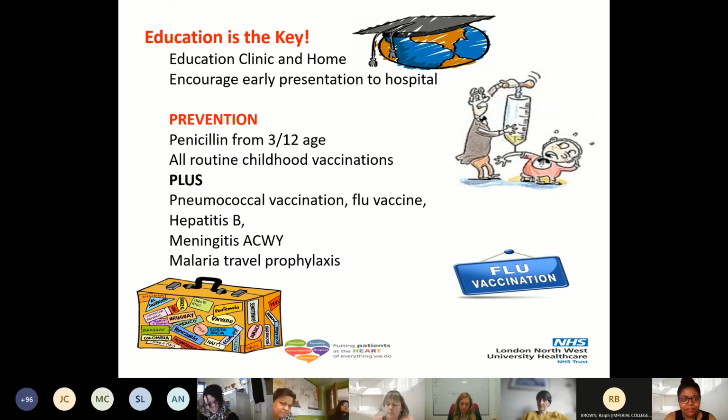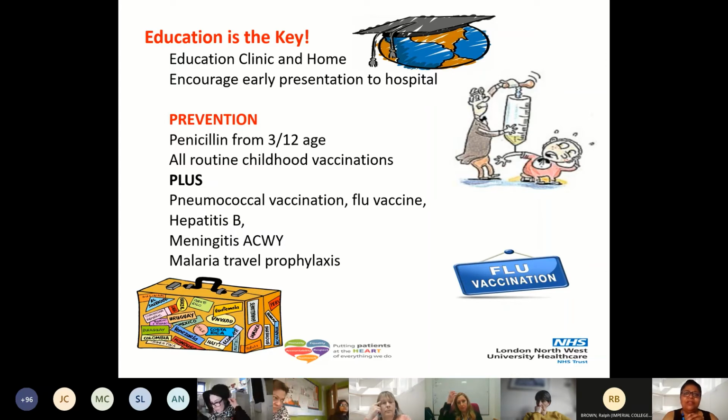The most important thing on the education side is to encourage parents and schools to bring children to hospital when they first see there's a problem, rather than trying to deal with it themselves. Some parents keep children at home for about 5 days hoping the temperature will go down, and by the time they get to hospital they're very, very ill.